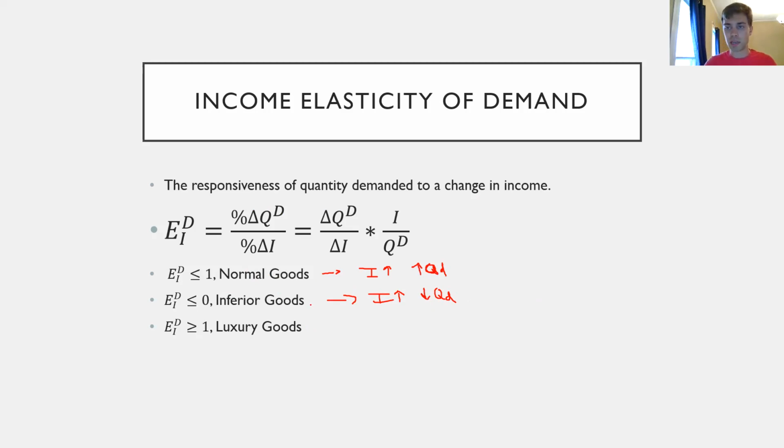Inferior goods may be things like ramen noodles, where if your income rises to the point where you no longer have to eat ramen noodles, you can afford more expensive, higher quality food, then you do so and you eat less ramen. And then luxury goods are exactly how they sound, yachts, things like that, where income rising really, really increases the amount of that good demanded.